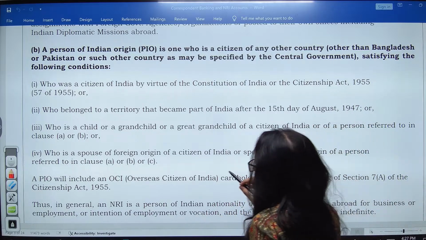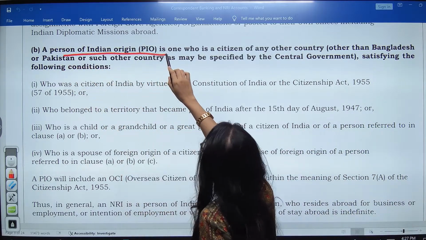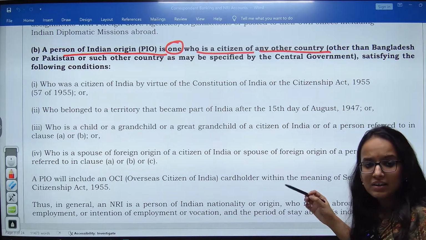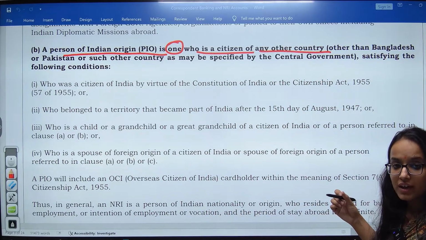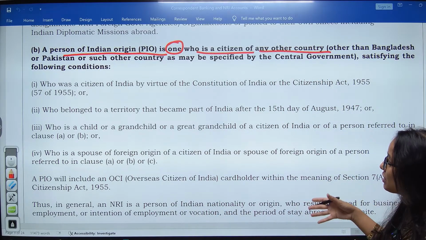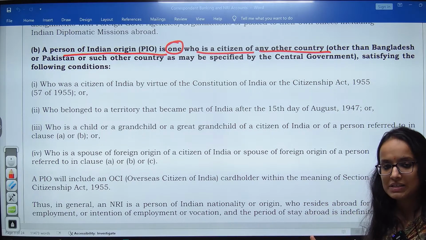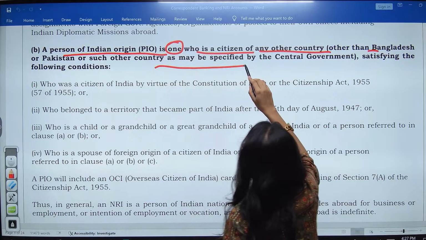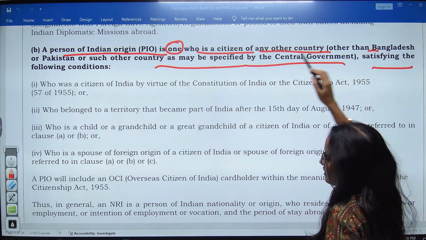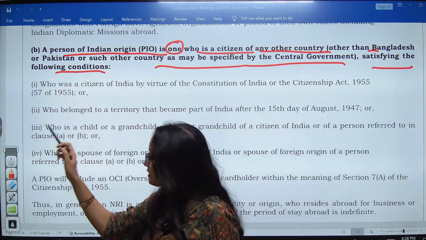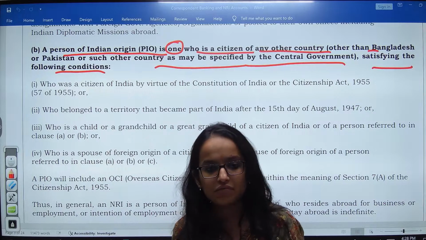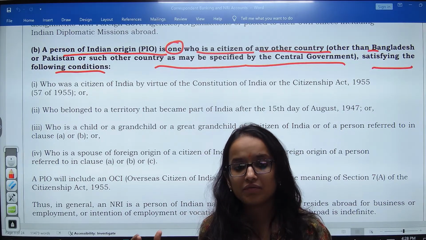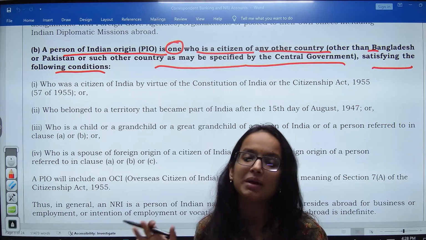Okay. So, a person of Indian origin is one who is a citizen of any other country other than Bangladesh and Pakistan, or such country as is specified by the central government, and who satisfies the following conditions. Such a person will be considered a person of Indian origin as per your FEMA 1999.